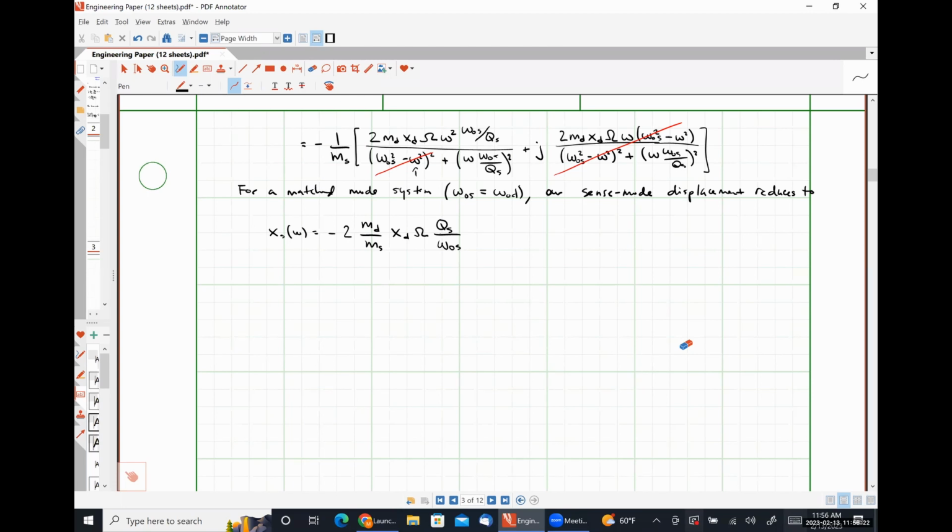The second method that is commonly used is called separated mode systems. So for separated mode systems, the resonant frequency of the sense mode is much higher than the resonant frequency of the drive mode.